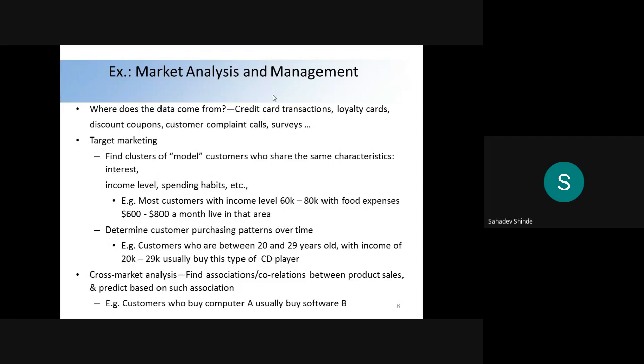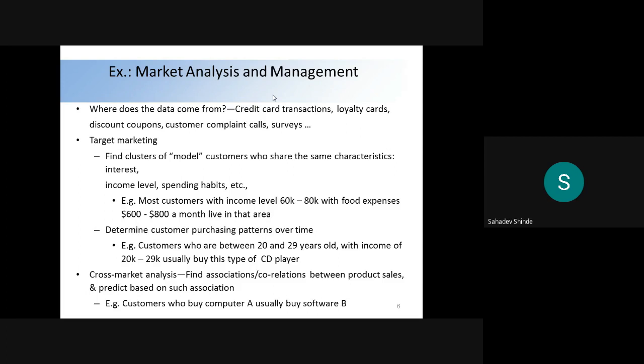We need to find customers who share the same characteristics, for example income level and spending habits, etc. The spending habit is very important. Suppose someone has payments in lakhs and is not going to lose a single rupee. We also need to consider the behavior of a customer here.